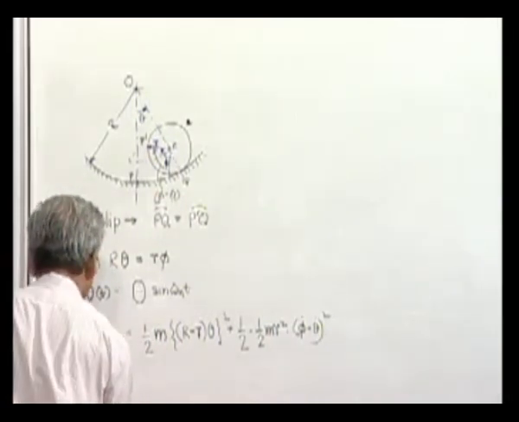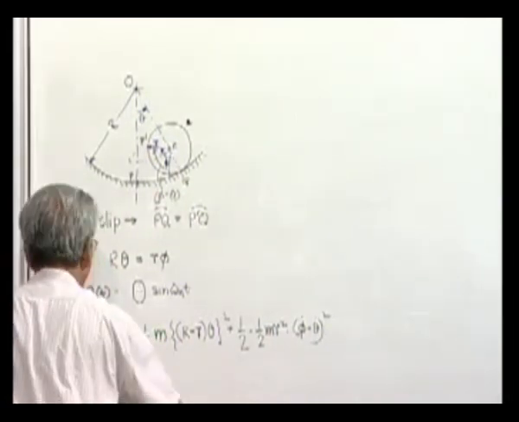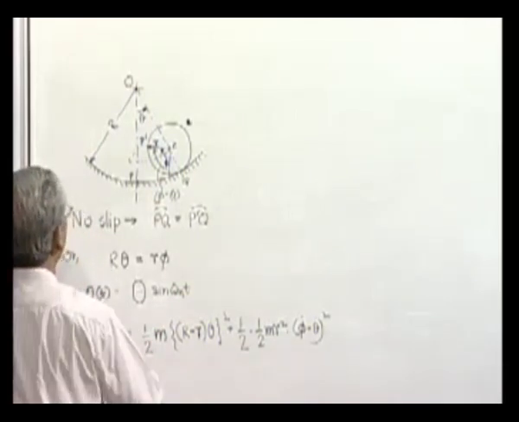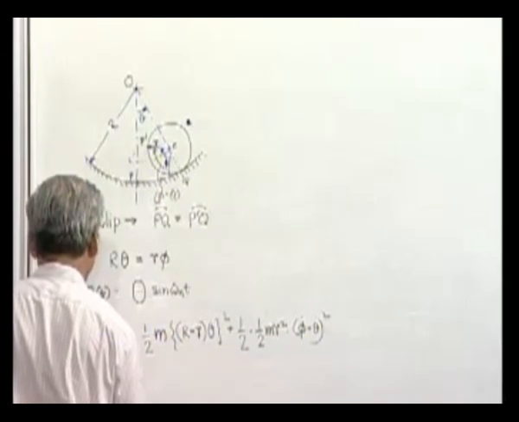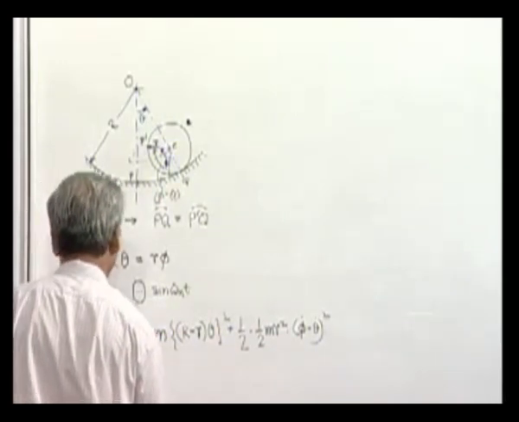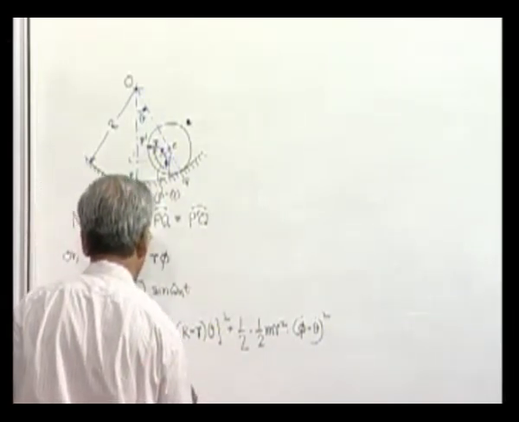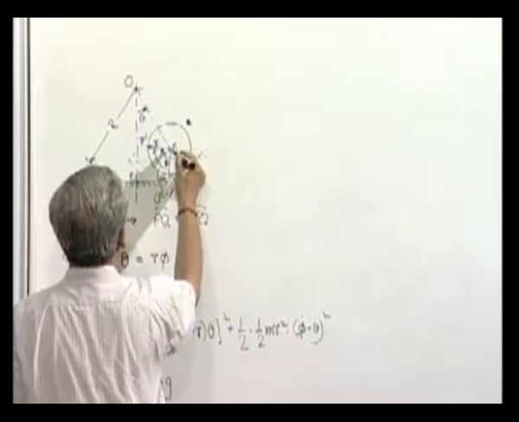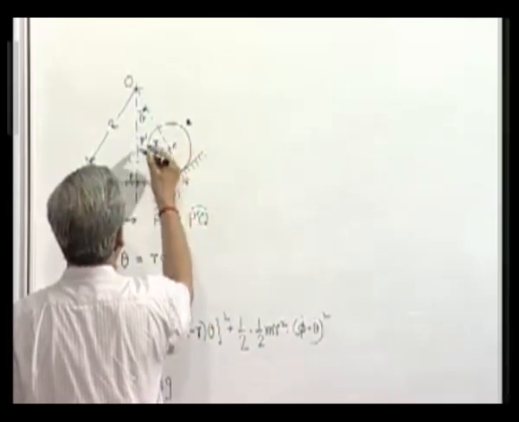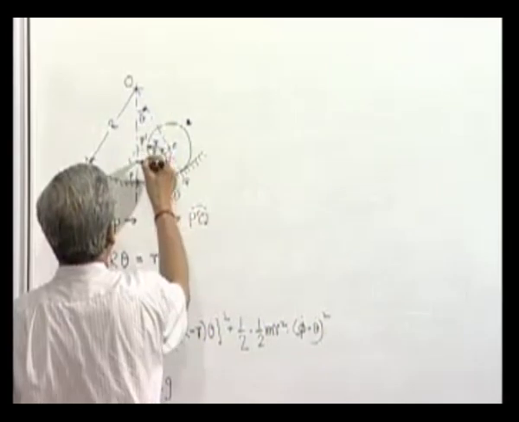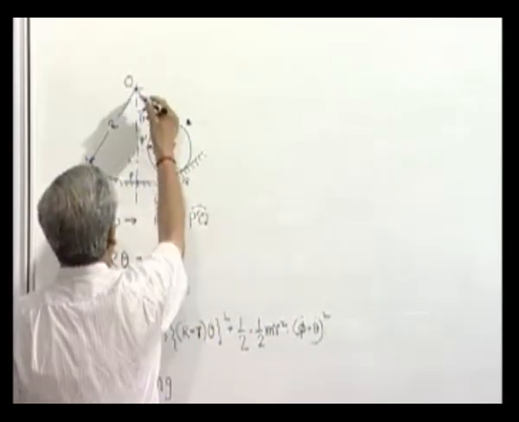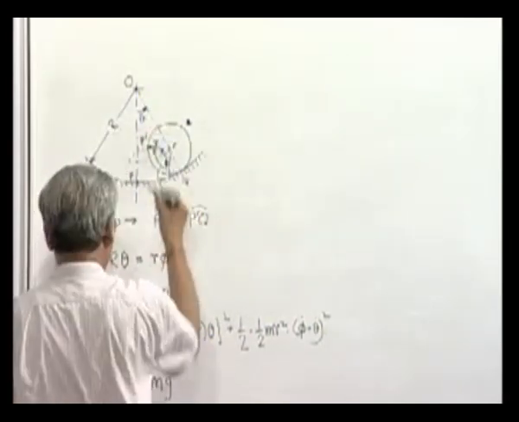Potential energy, similarly, we can write. The potential energy will be only gravitational potential, as you can see. And that is m into g. How much height has it increased? It was here, now it has gone there. It is this, which is capital R minus small r minus capital R minus small r cosine theta.